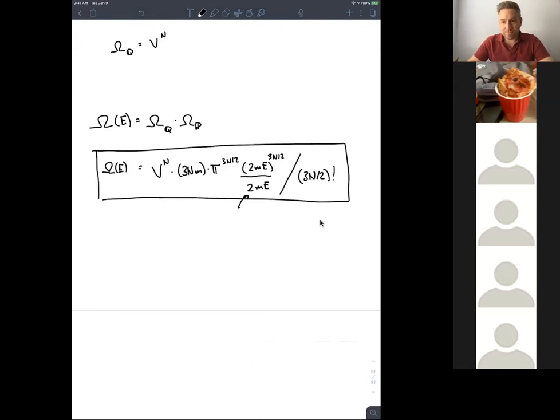Okay, so now let me rearrange this a little bit. Let me write this in the following way. And again, all I'm doing is grouping things together here, so it's exactly the same thing.